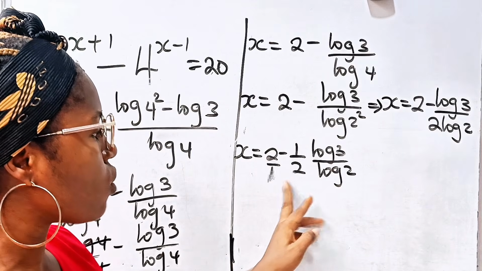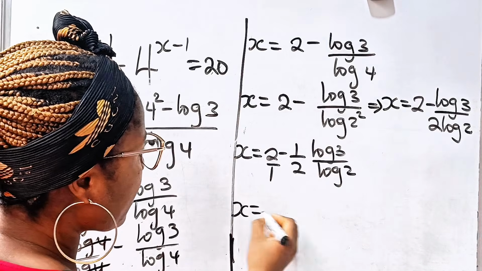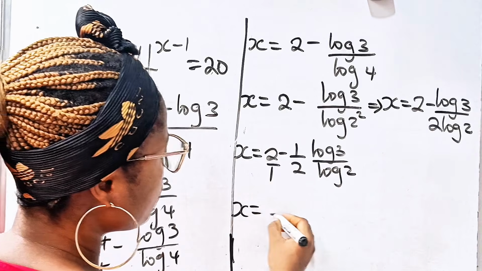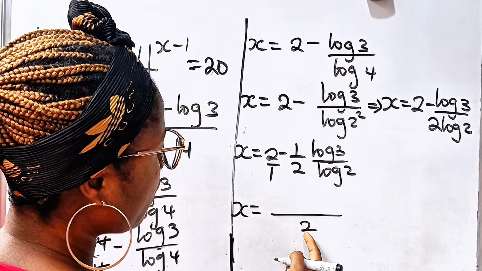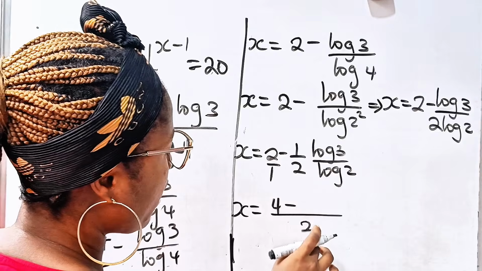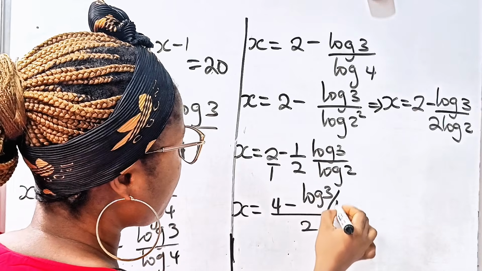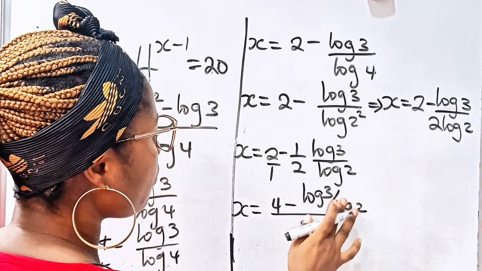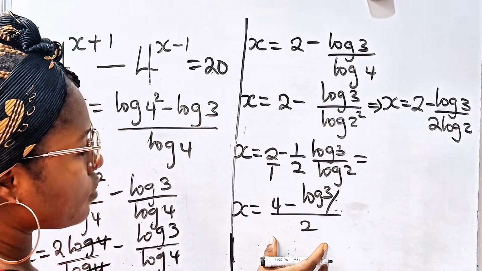Therefore, we can now solve this as a fraction to simplify it further. So our x is, now the LCM of 1 and 2 is 2, right? So when 1 divides 2, we have 2. 2 times 2 is 4 minus. When 2 divides 2, we have 1. 1 times this will still give you log 3 divided by log 2. Or let me simplify this first before we come here.